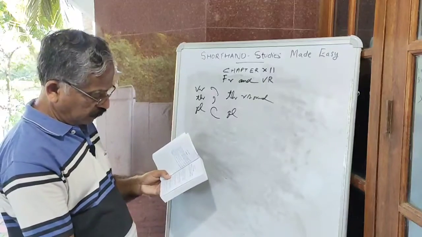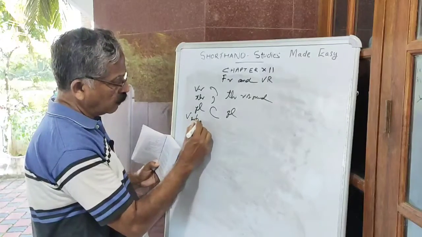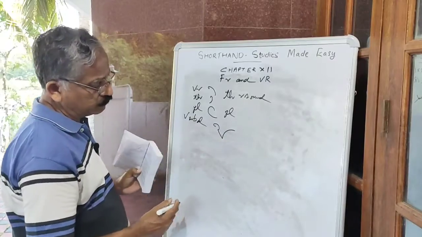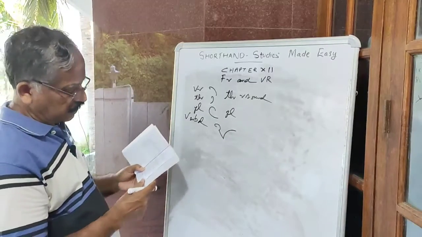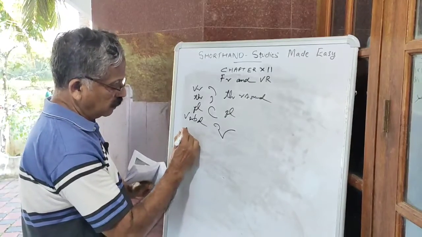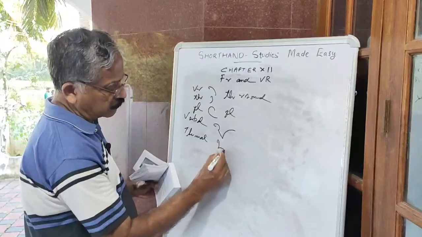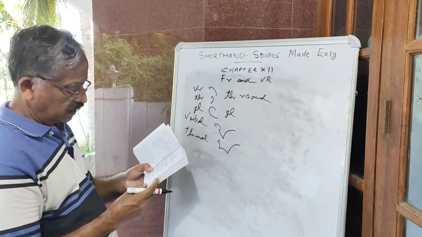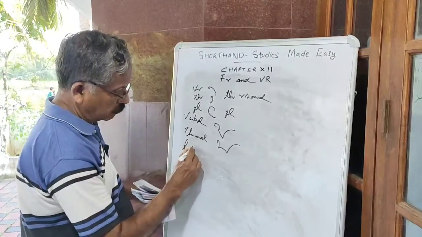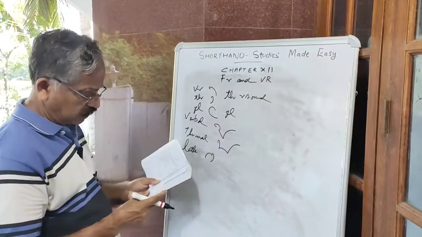Now, how will we write verbal? Verbal. Now, thermal. We write like this. Then leather. Leather.